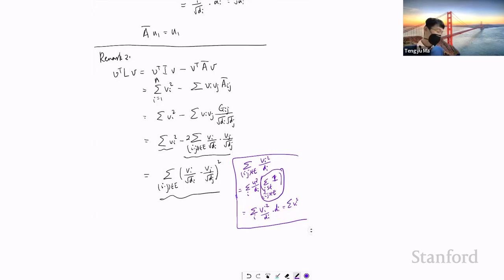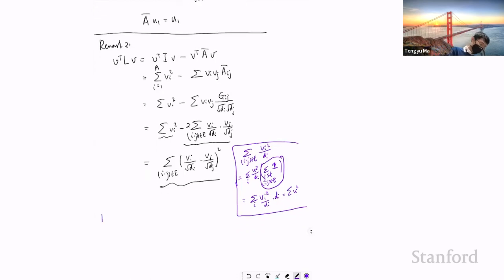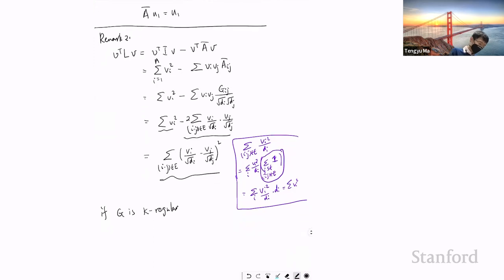And if G is a regular graph, say kappa-regular, then you can ignore the d_i's. You can just say V transpose LV is 1 over kappa times the sum over ij in E of (V_i minus V_j) squared.